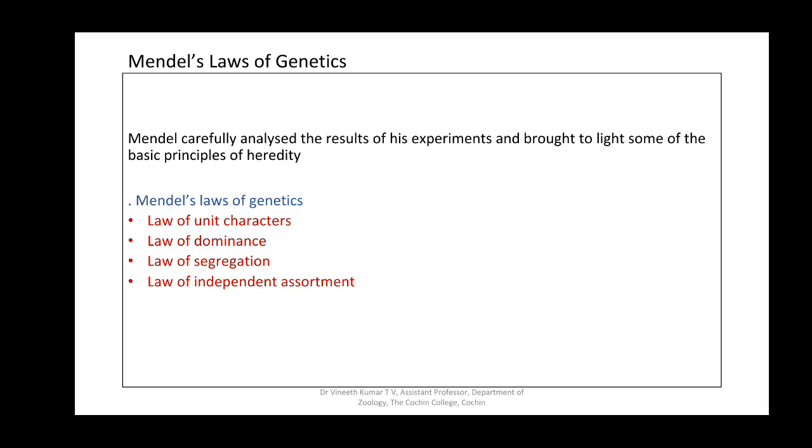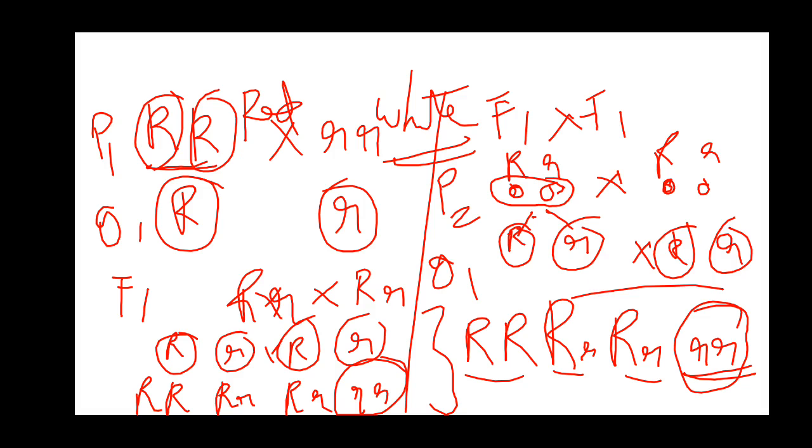Is that clear? And coming to independent assortment, the allele of a particular trait is independent to combine with or assort with any of the alleles of another trait. So these are the four laws of Mendelian genetics proposed by Mendel. With this, we complete the Mendelian laws.